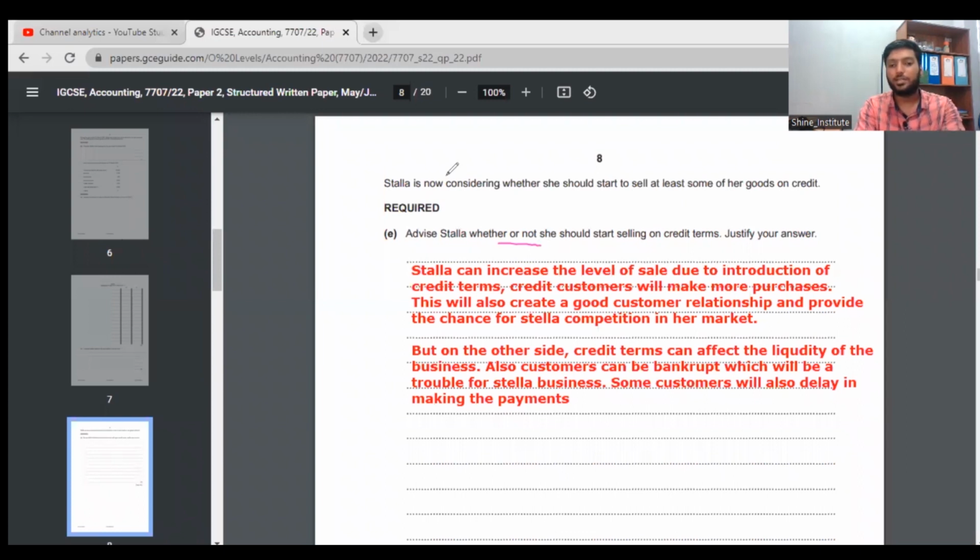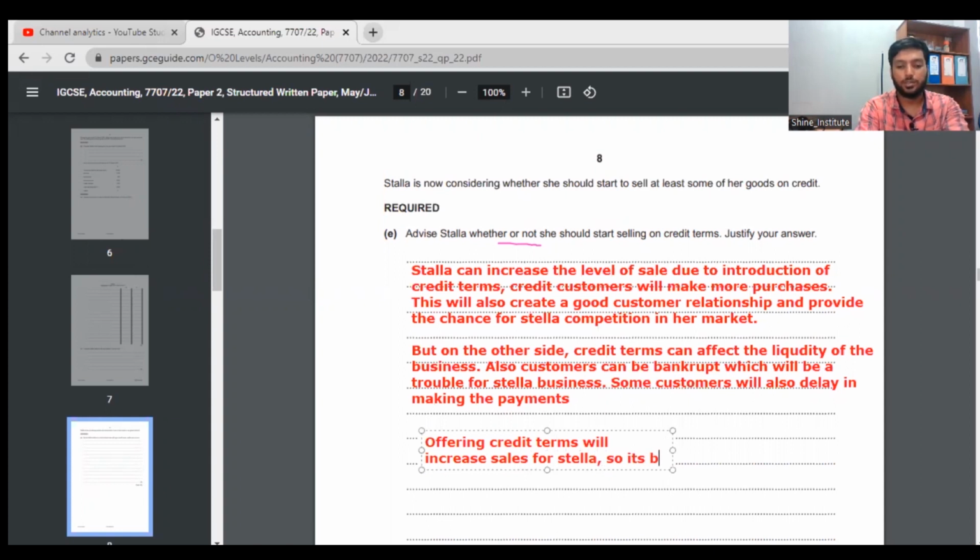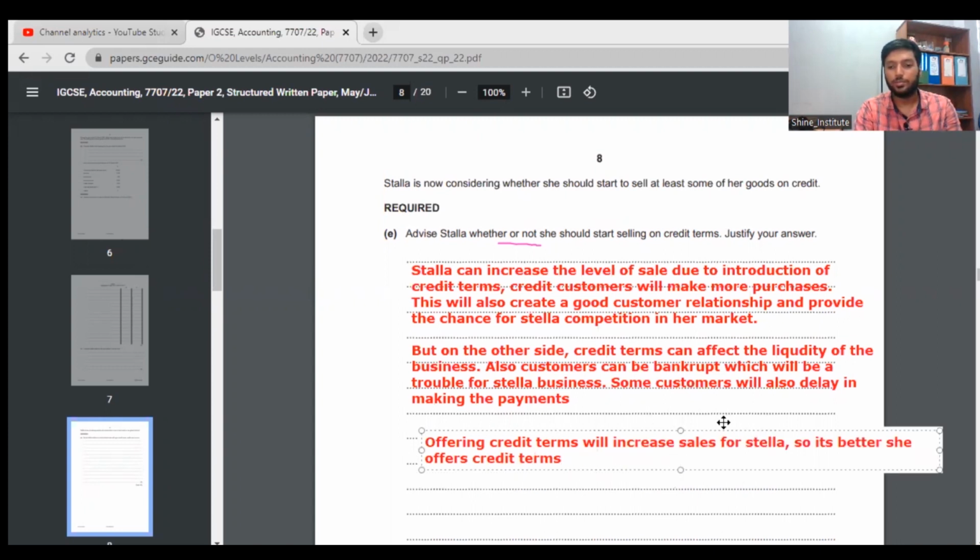I will always say that offering credit terms will increase sales for Stella, so it's better she offers credit terms, but you should also give a solution.